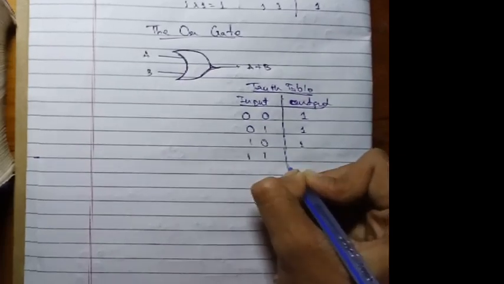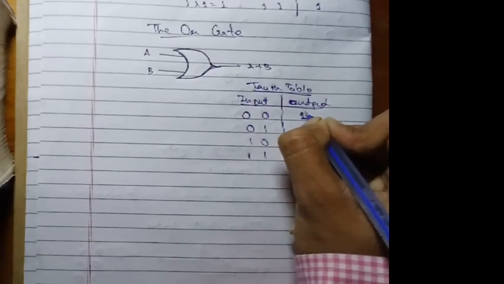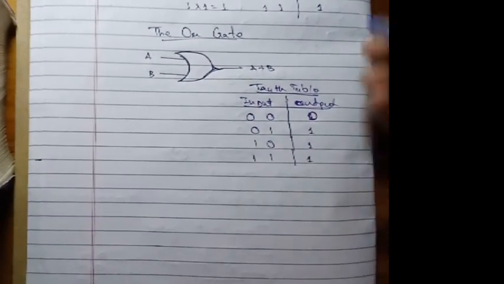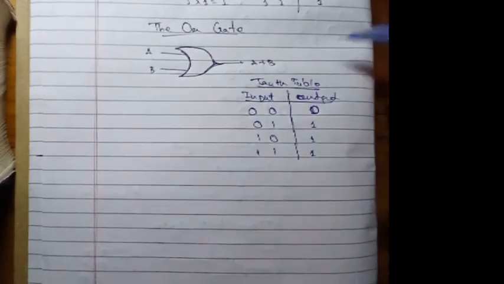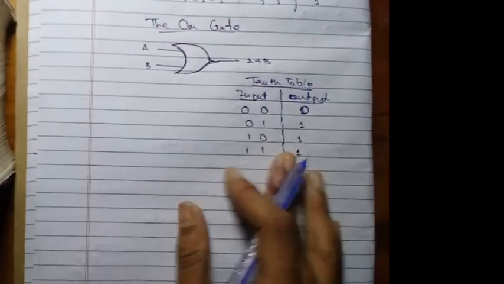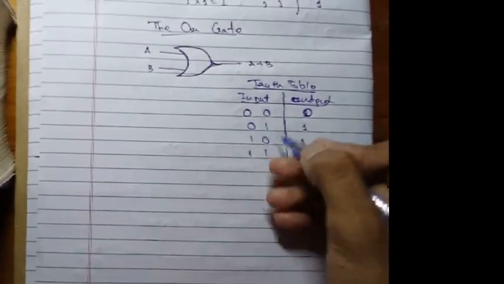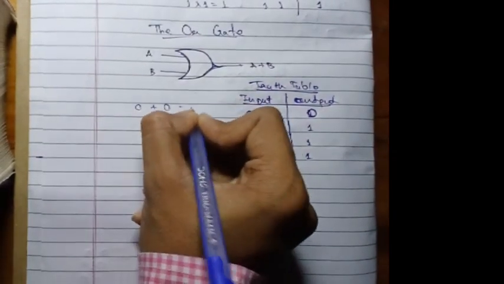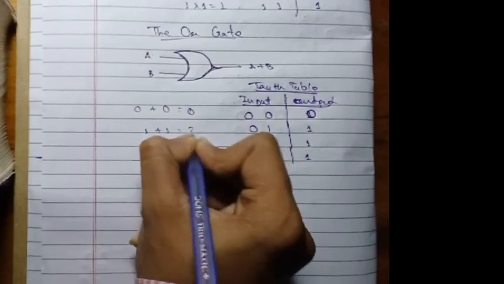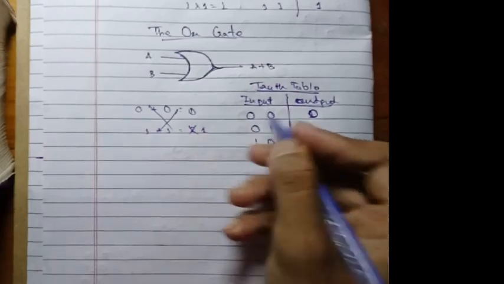If I take 1 1, it will give 1. So here 3 ones and only 1 zero. When the input is 0 0, the output is 0, and if either of them is 1 or both are 1, then the output is 1. But don't think of it as arithmetic, as 0 plus 0 equals 0 but 1 plus 1 is not 2, it is actually equal to 1.